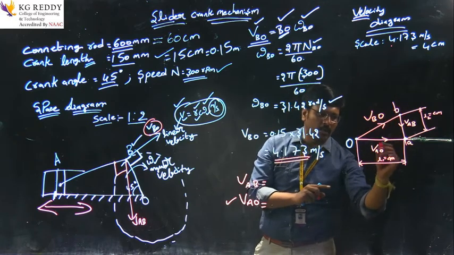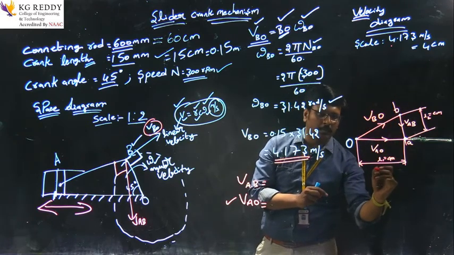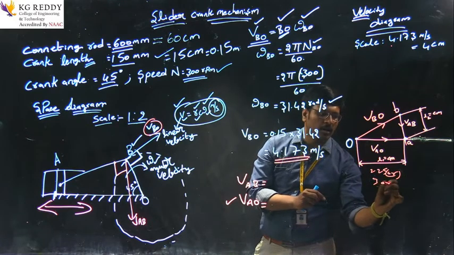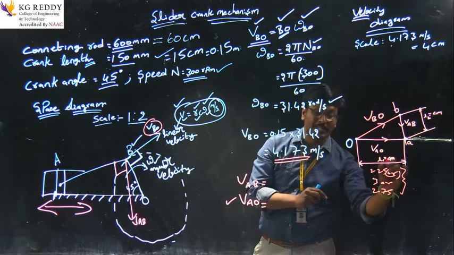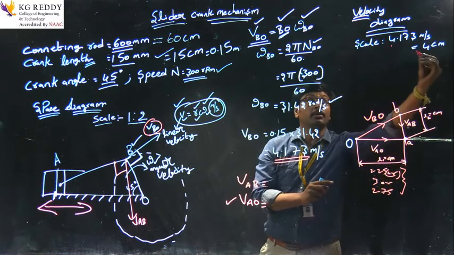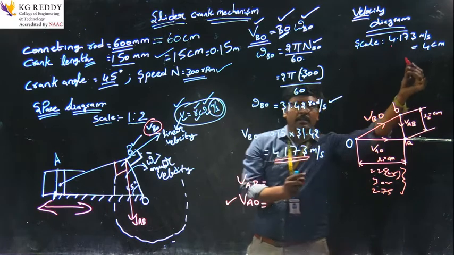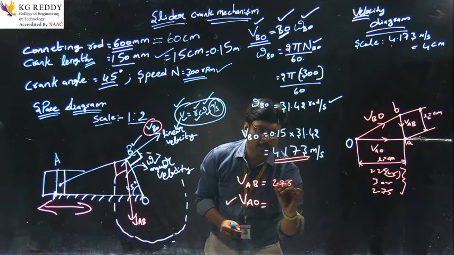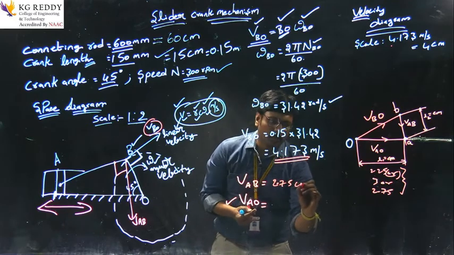The velocity we represent as a line in centimeters. You may get 2.5 centimeters, or 3 centimeters, or 2.75 centimeters, whatever we measure, and then we have to convert it into meter per second. How to convert this? This is just an example, right?